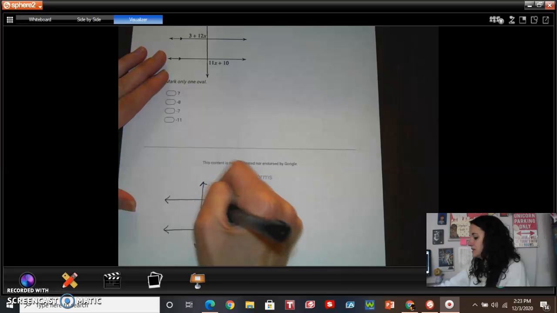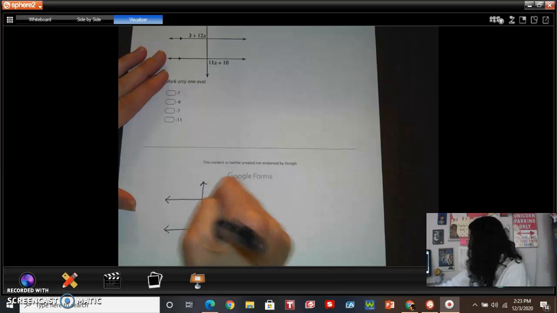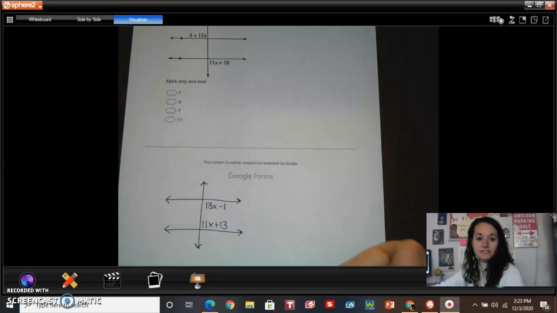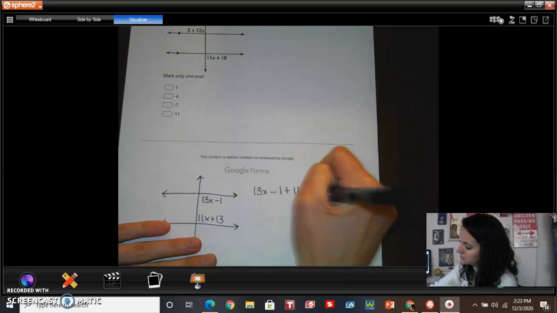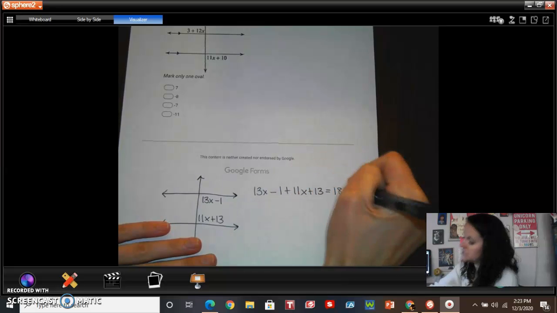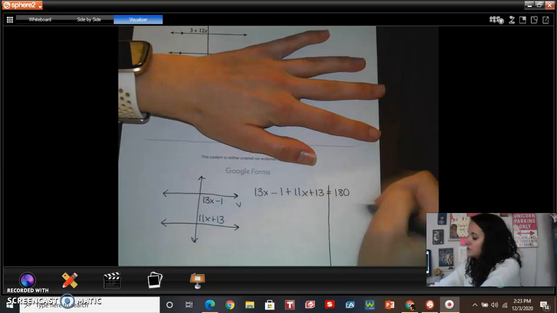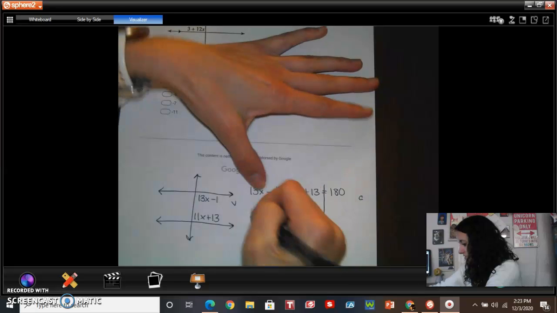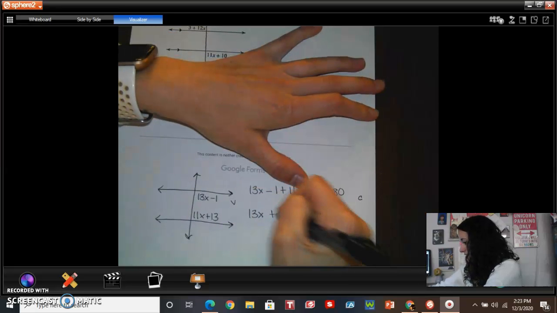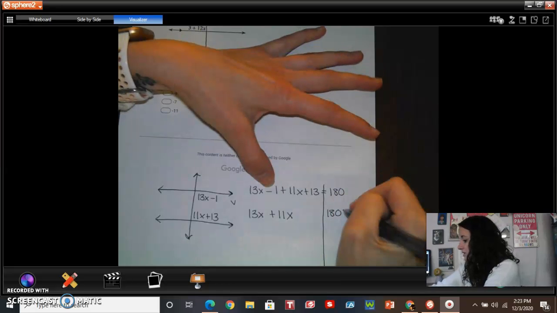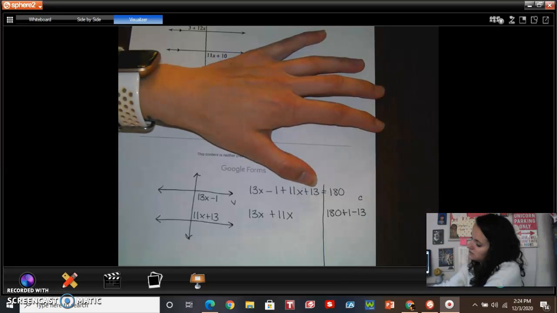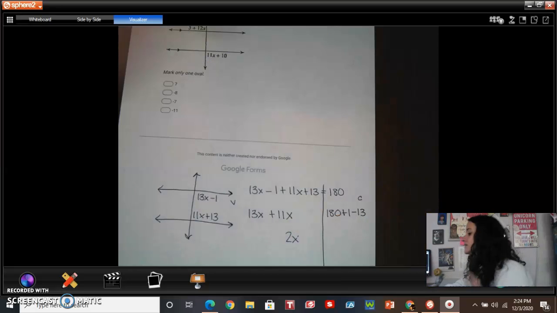So we've got 13x minus 1, and we've got 11x plus 13. Alright, see how these are neighbors? They're right next to each other. That means they're going to add to equal 180. And you can still do the variables and constants on this. So our variables, we have 13x plus 11x. So we have nothing to move around. Our constants, we have 180 plus 1 minus 13. So what is that? Like 2x and then 162?